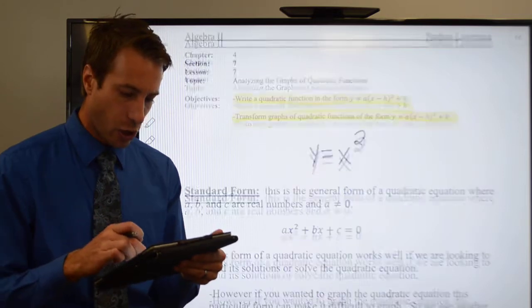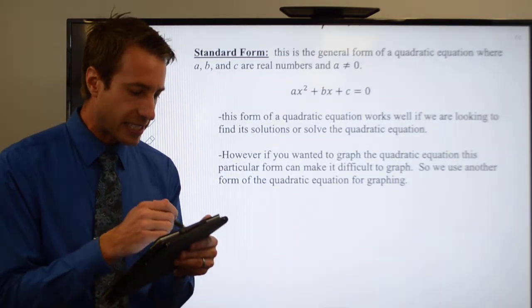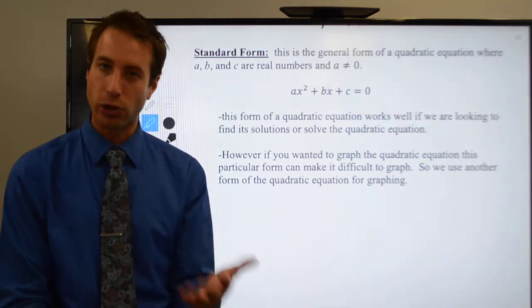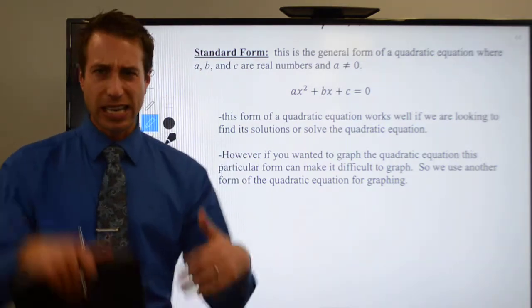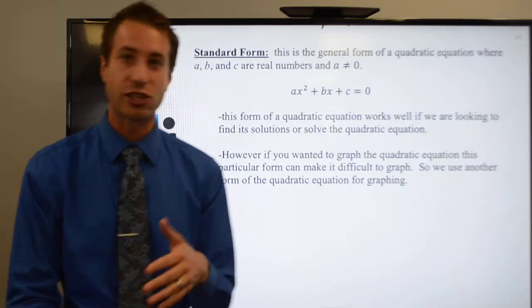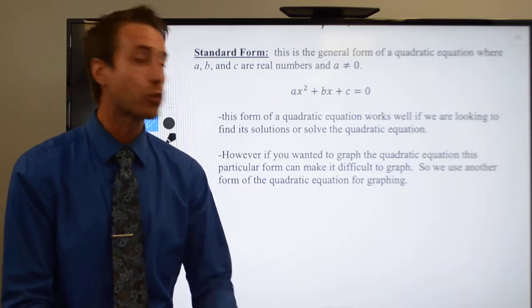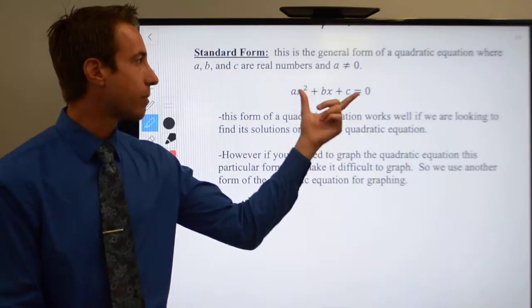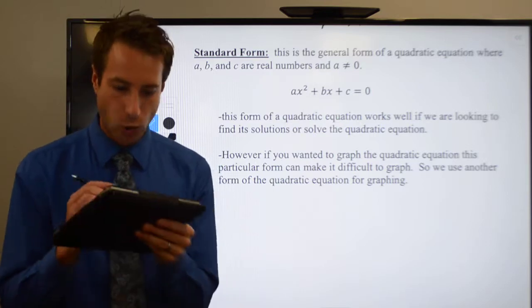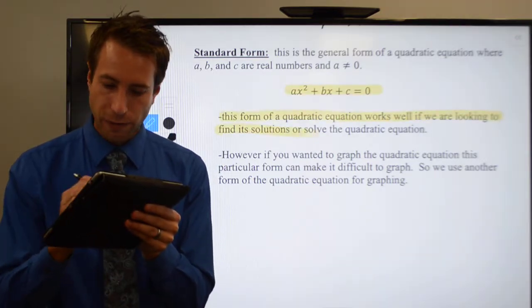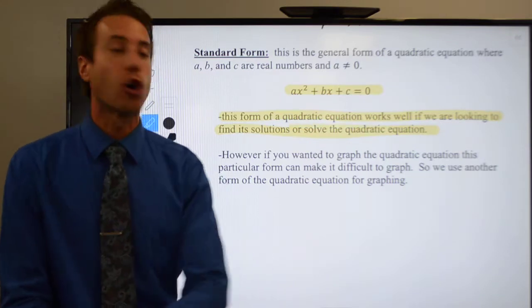I just want to go over with you real quick why we've taken a break. Like I said, we started the chapter by looking at graphs of quadratics. Then in the middle sections, essentially starting in Section 3, we looked at factoring. This standard form for a quadratic works well when you're looking for solutions or trying to solve a quadratic.